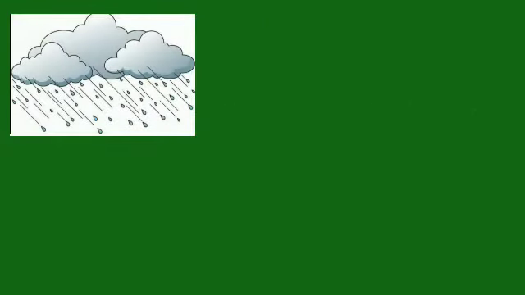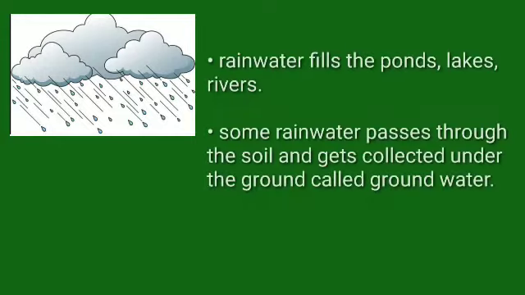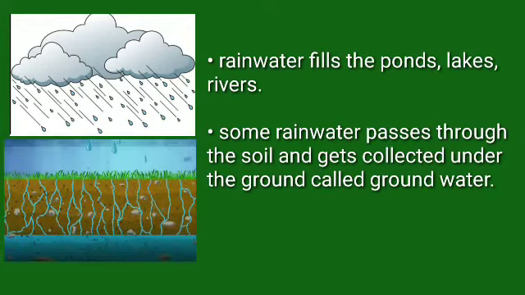Now children, what happens when we get rain? So when we get rain, the rainwater fills the ponds, lakes, rivers. And some rainwater passes through the soil and gets collected under the ground, below the ground. You see there water, right?